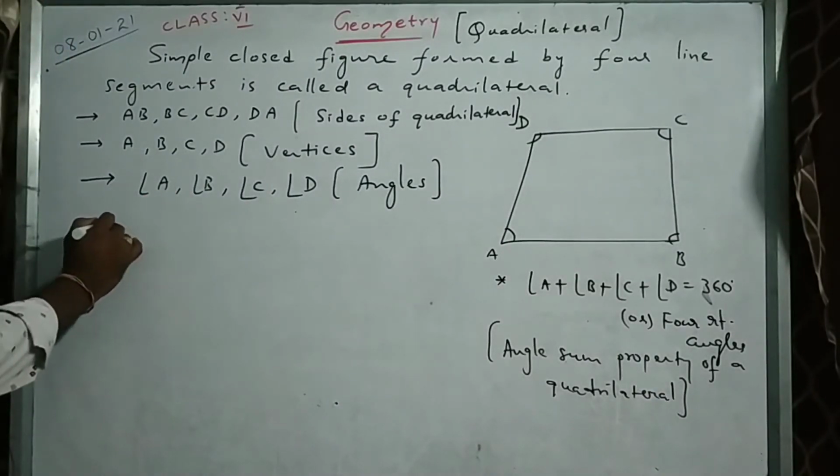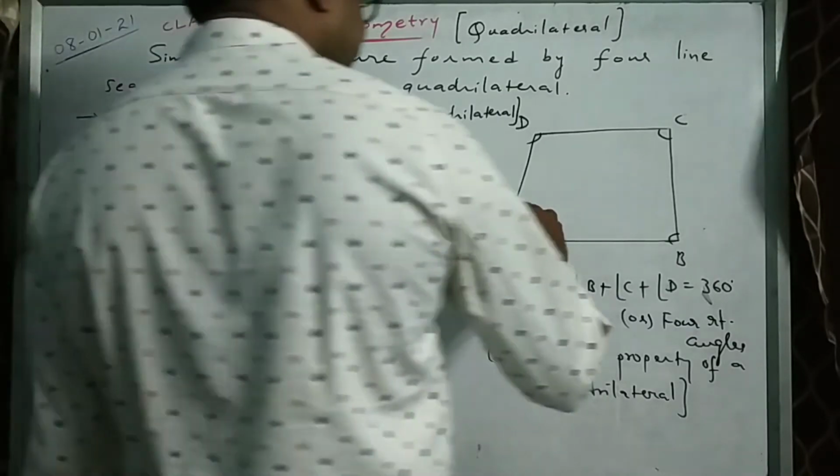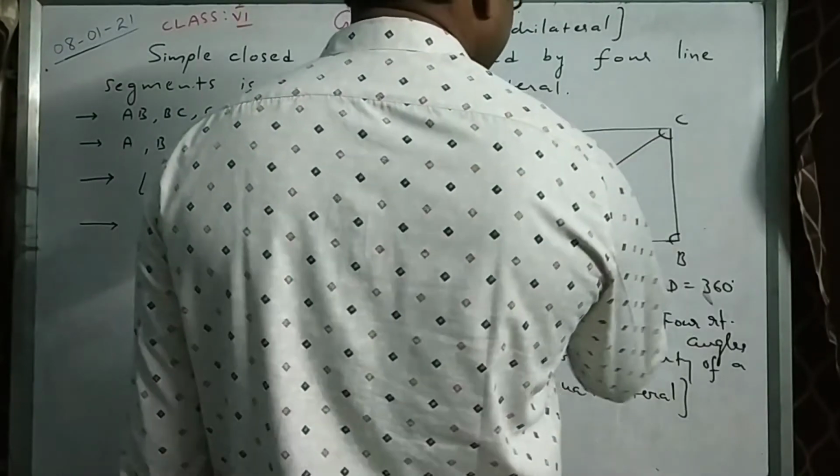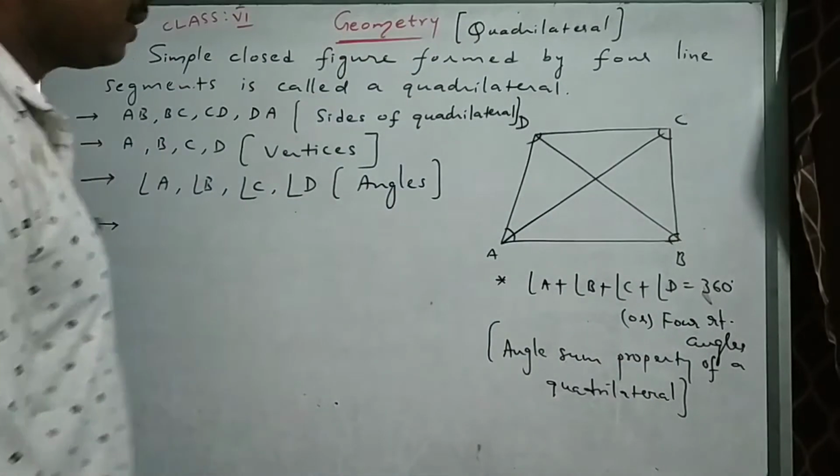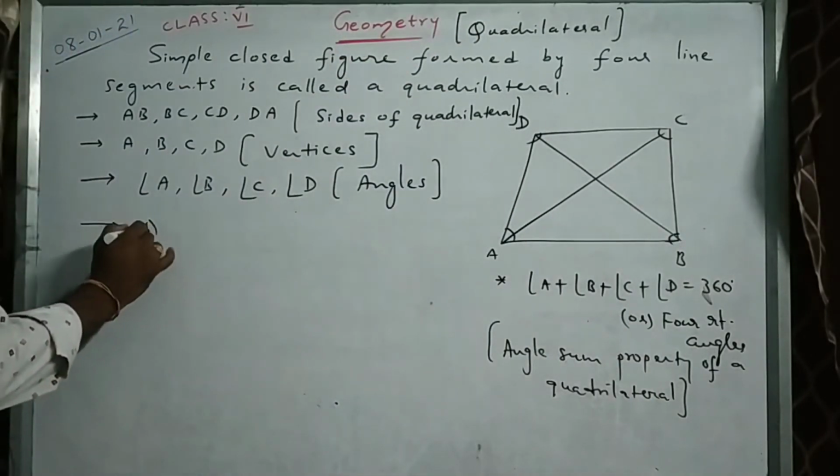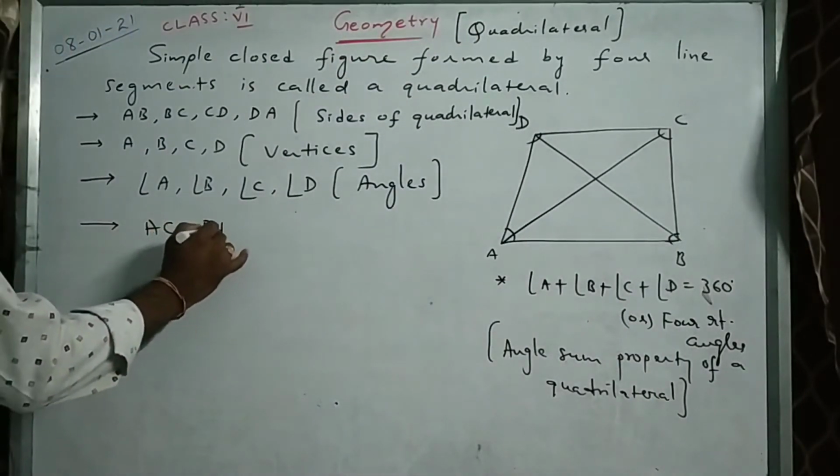Now, if you join opposite vertices AC and BD, they are called diagonals. Two diagonals are there in the quadrilateral.